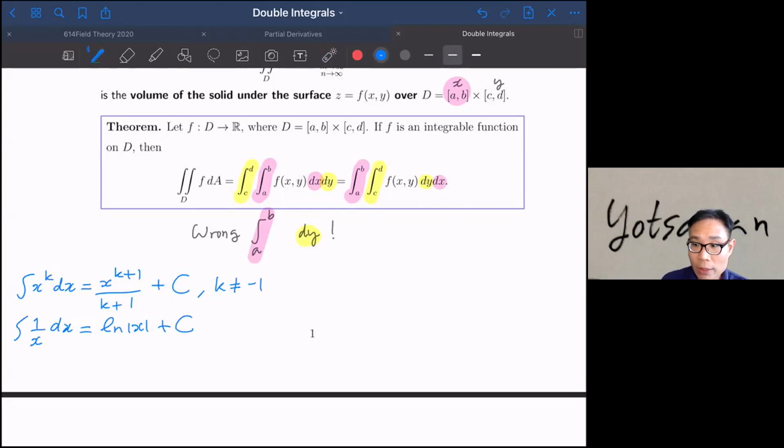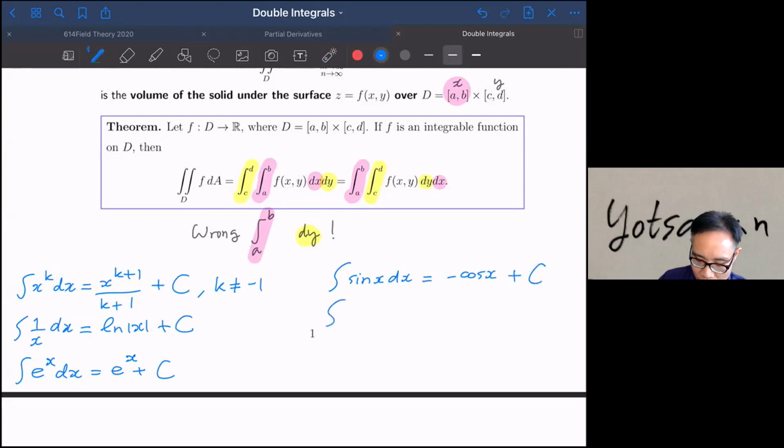And we still have the basic ones, like the integral of e to the x dx equals e to the x plus c, the integral of sin x dx equals negative cos x plus c, and the integral of cos x dx is just sin x plus c.